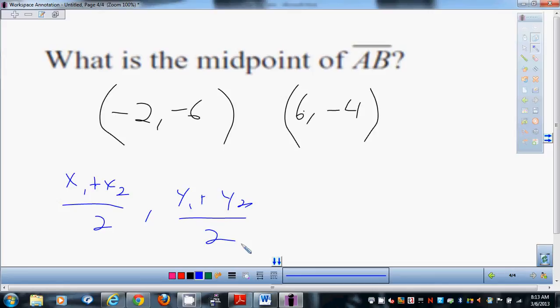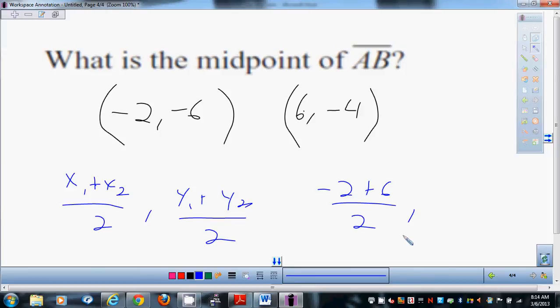Average of the x's and the average of the y's. So, Cameron, what are my two x values in this problem? Nope. My two x values. -2 and 6.